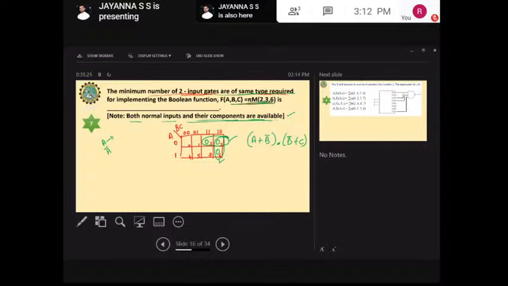So let us convert this to NAND and NOR, because NAND and NOR gates are universal gates, so we're going to get a single type of gate. Let us try to solve by using that one.